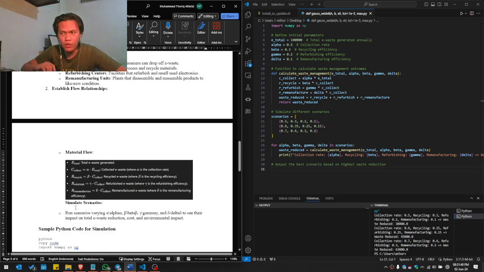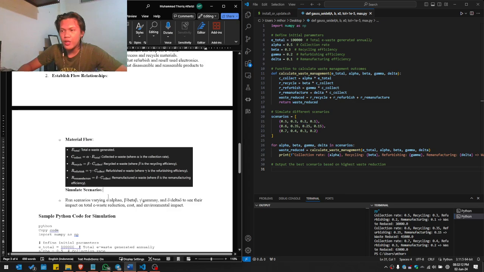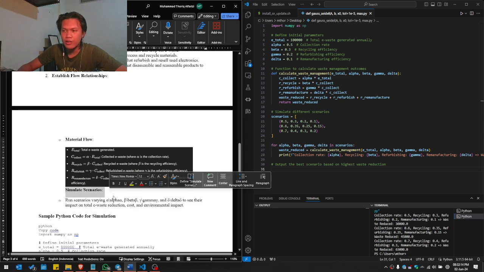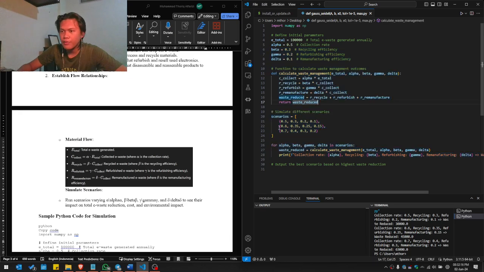R refurbish equals gamma times C collect, which is refurbished e-waste, where gamma is the refurbishing efficiency, and R remanufacture equals delta times C collect, which is remanufactured e-waste, where delta is the remanufacturing efficiency. And we will simulate the scenarios using this code.